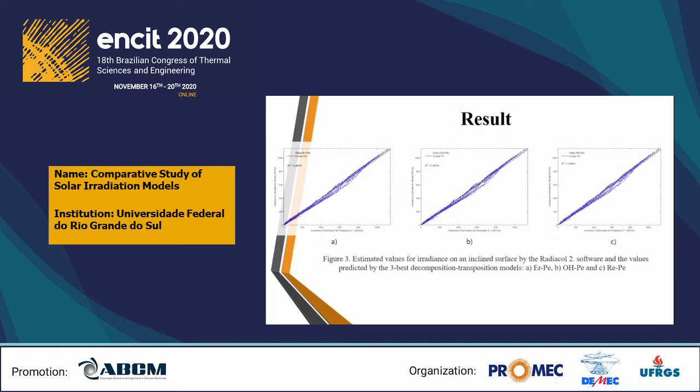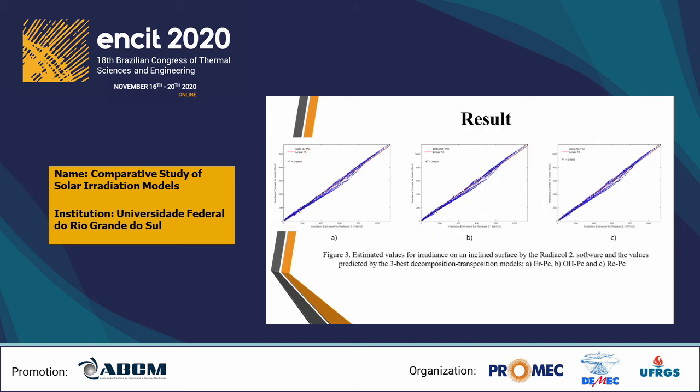Figure 3 compares only the readings obtained by the Radiosol 2 software with the readings calculated by the models with best accuracy at each degree of slope. The red line represents the best linear fit of the data.